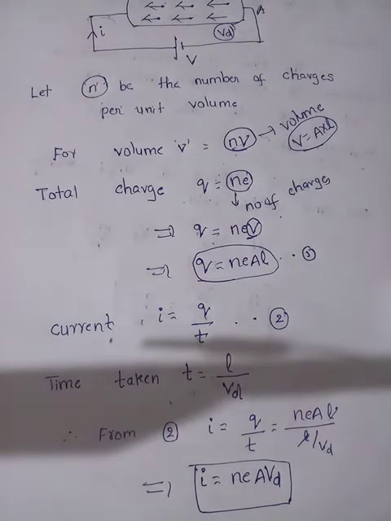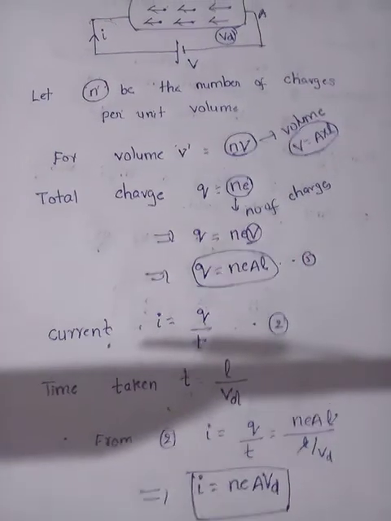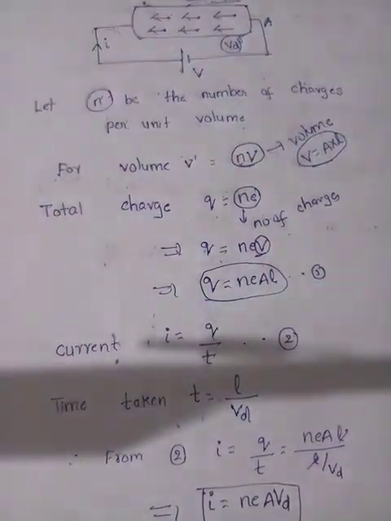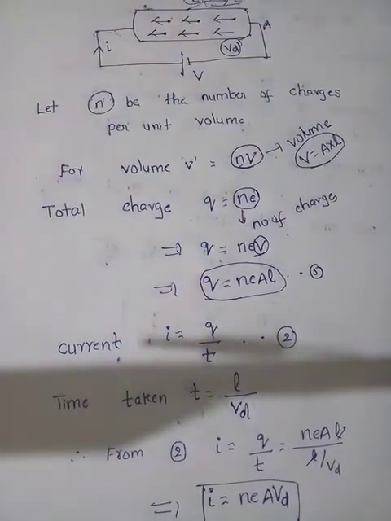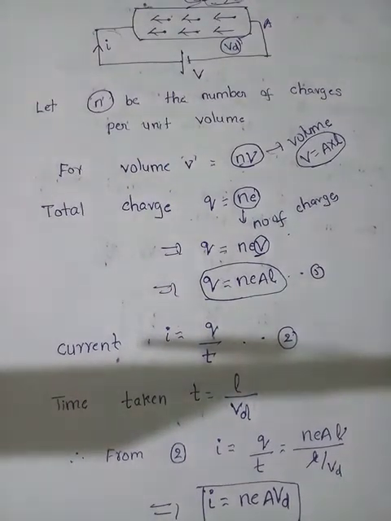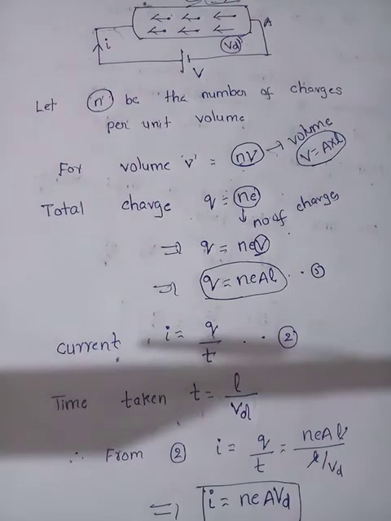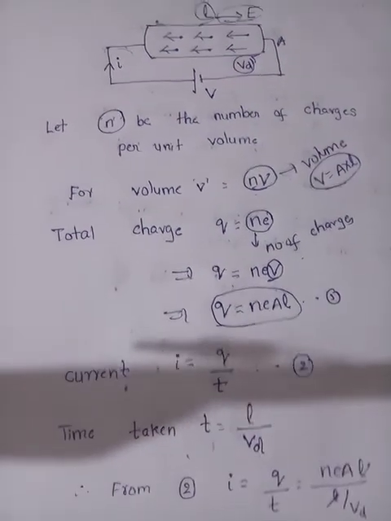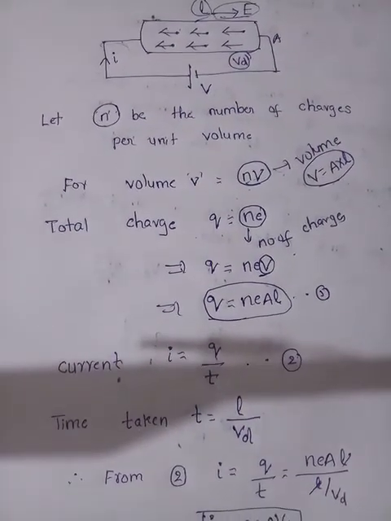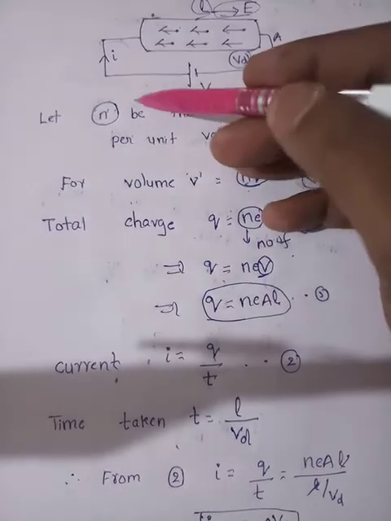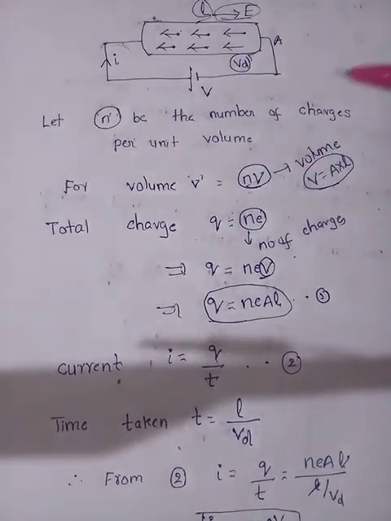Is it clear? Right. So what we consider? We consider a conductor of length L and area of cross section A. When you connect to a battery, what happens? It produces some electric field so that the electrons move from negative to positive with a drift velocity Vd. We consider that n be the number of charges per unit volume.